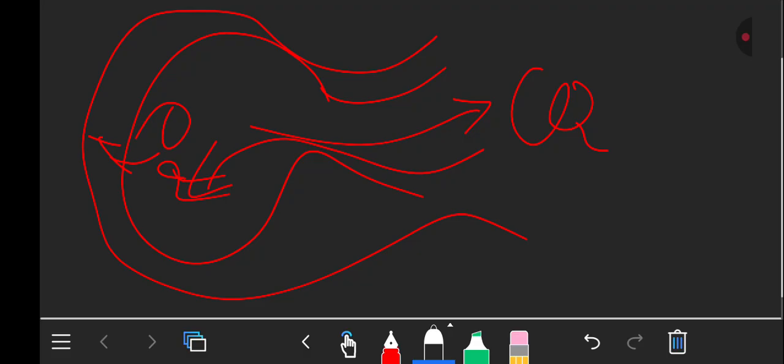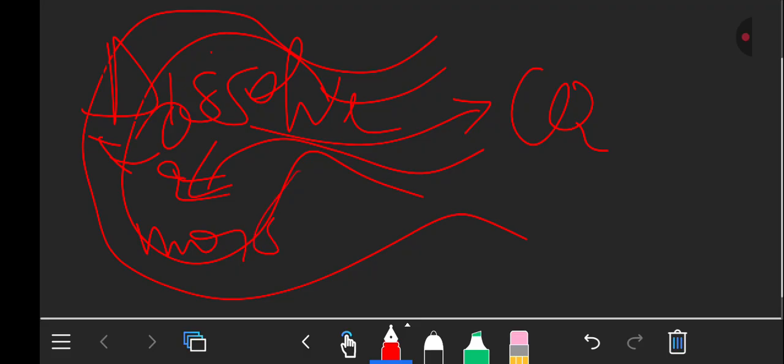There has to be something. There has to be water or moisture. Okay, they have to dissolve in what? In moisture. So there should be moisture for them to dissolve.